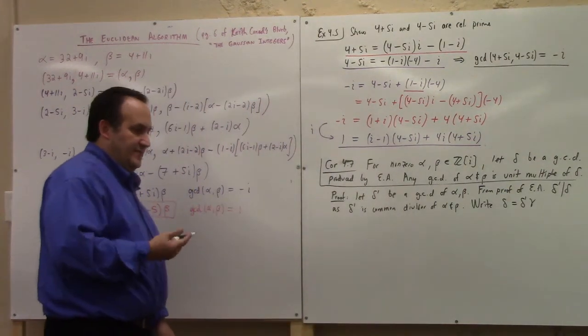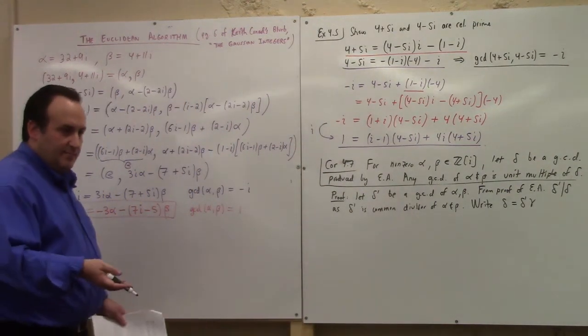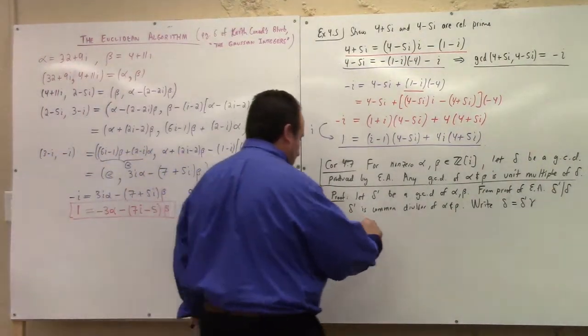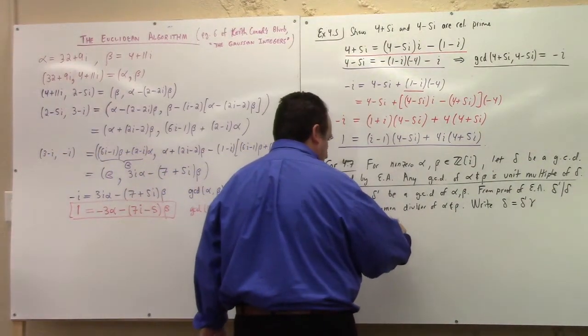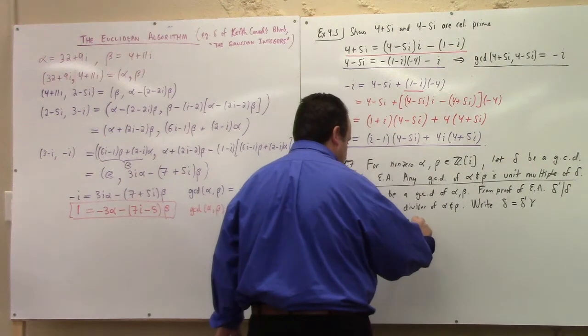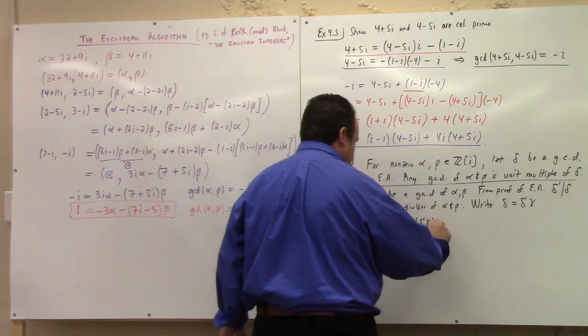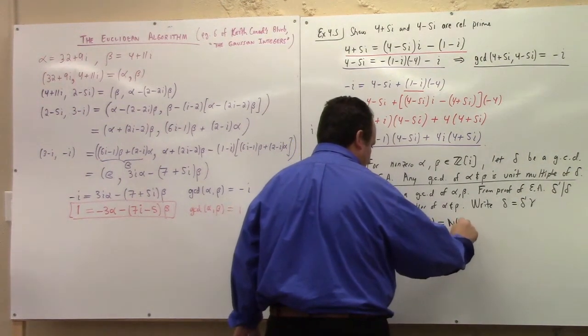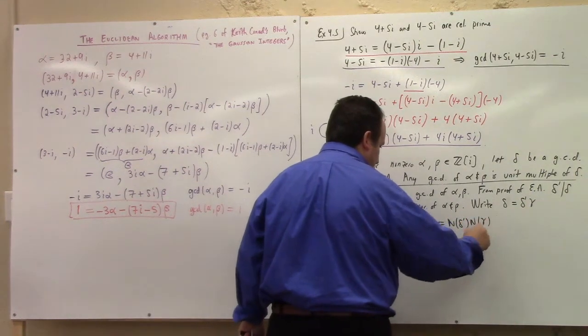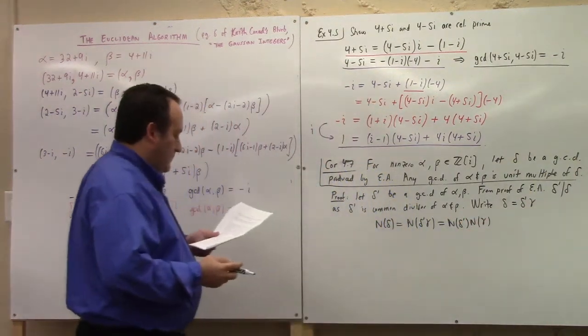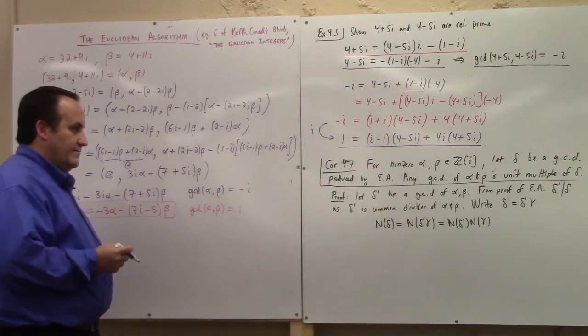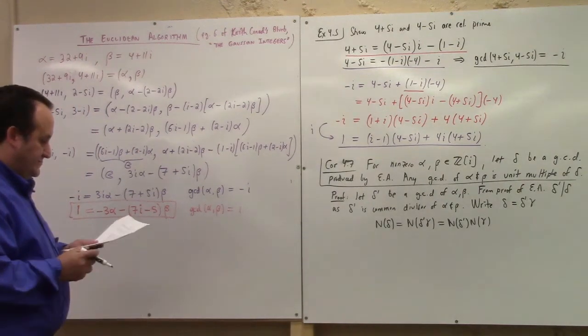And then, as in many of these proofs, we take the norm. So the norm of delta is the norm of delta prime gamma. But remember, the norm is multiplicative, as we proved last time. But what do we know?